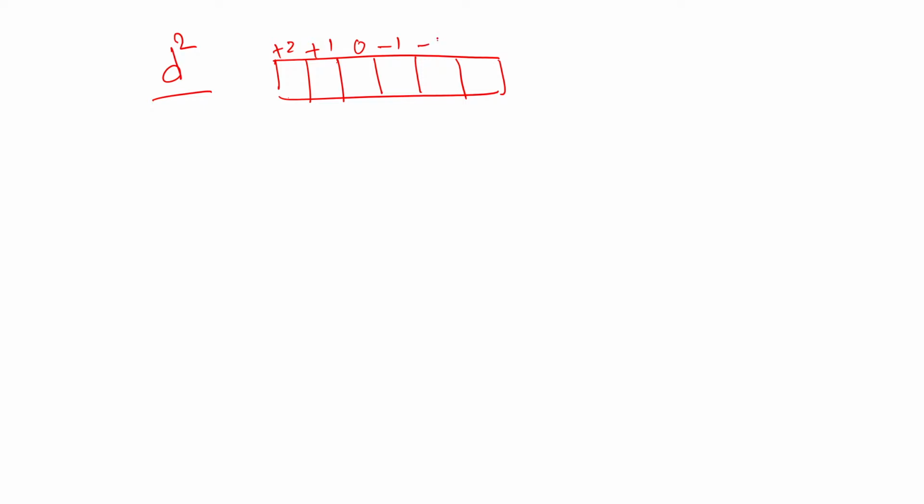Okay, probably this D2 system, while writing the term symbol, there was a mistake. Of course, you all know how to write term symbols and also find the values. Here it is plus 2, plus 1, 0, minus 1, minus 2.